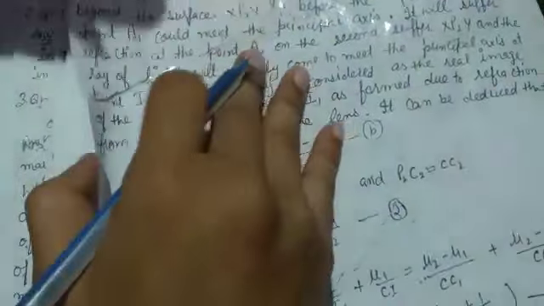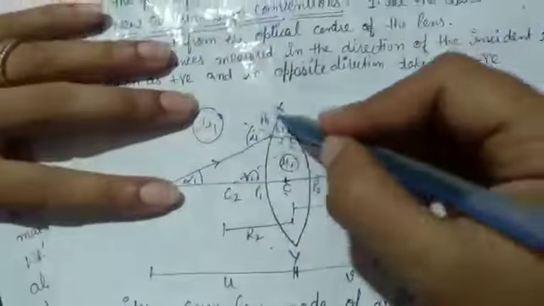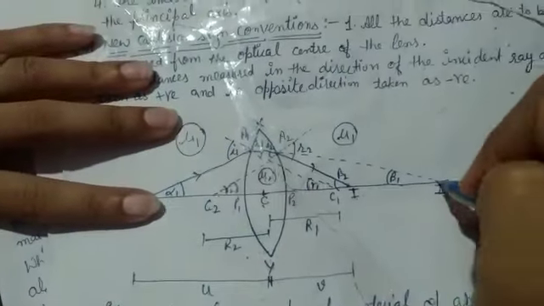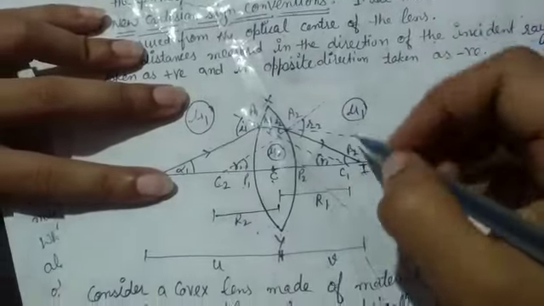So this is for X P2 Y. I1 is a virtual object, and here I is formed as an image.